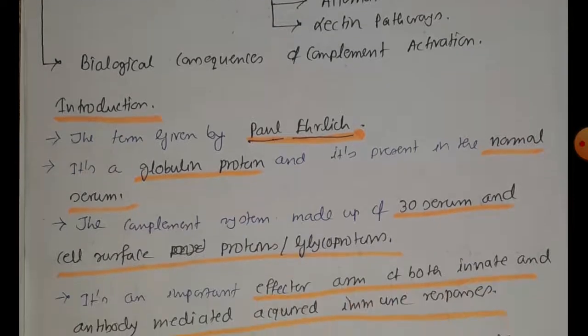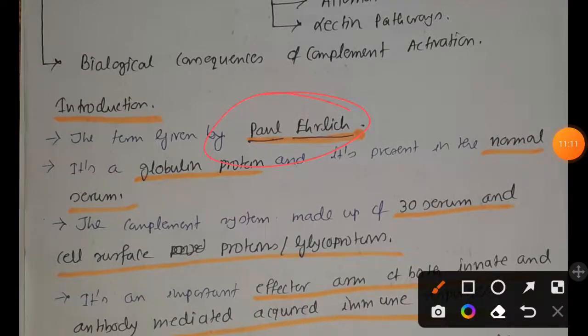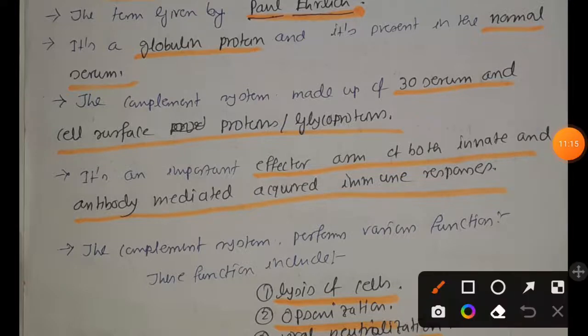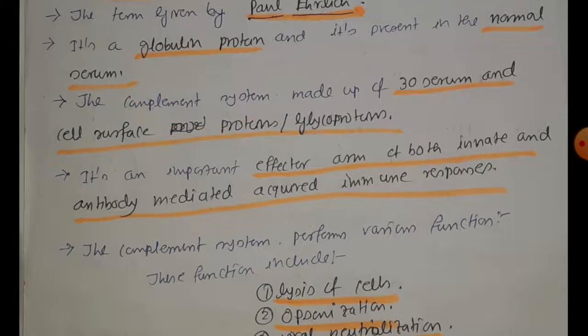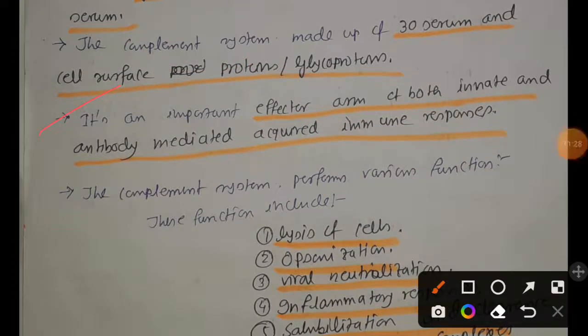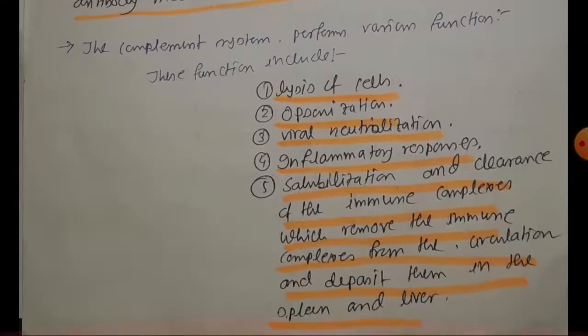We have already discussed that the term was given by Paul Ehrlich. The complement system is made up of about 30 serum and cell surface glycoproteins that together form the complement system. It is an important effector arm for both innate and antibody-mediated acquired immune response. Now, how does the complement system help our immune system fight foreign invaders?